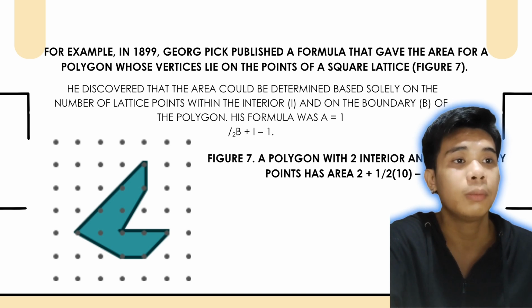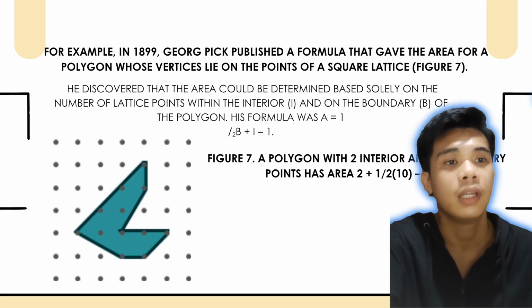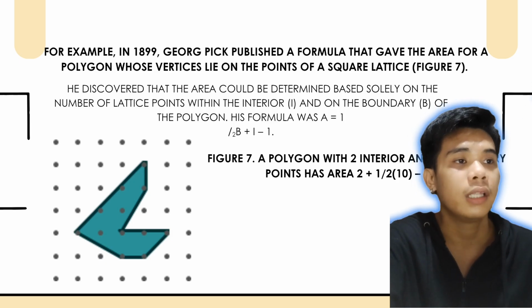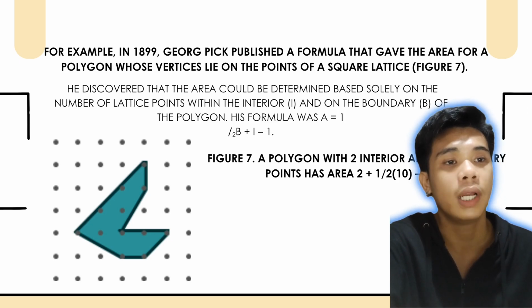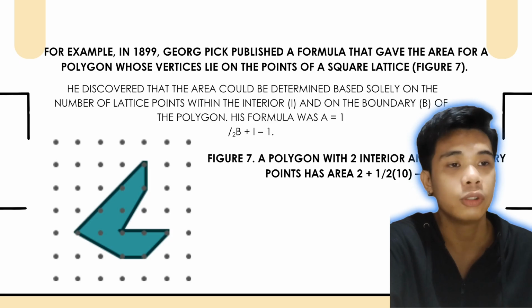He discovered that the area could be determined based solely on the number of lattice points within the interior, I, and the boundary, which is the B of the polygon. This formula was A equals I plus 1 divided by 2 B minus 1.